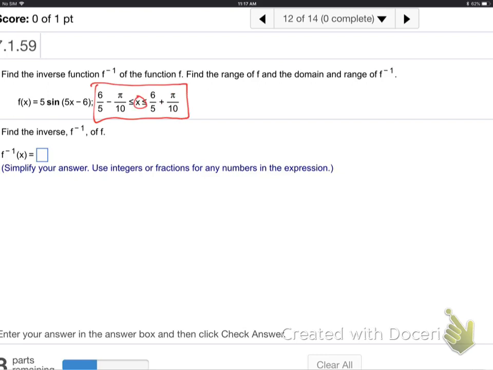It's a domain for f. Thus, it's also a range for the inverse. Anyway, ignore it for now. Here's all we need for now. Can you take that function and find the inverse? Let's just start with that. Give you a second. Try that.